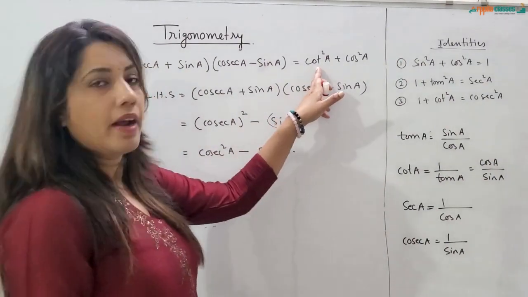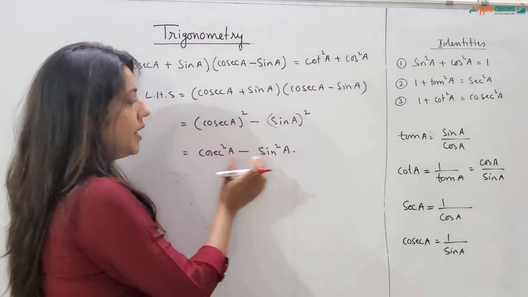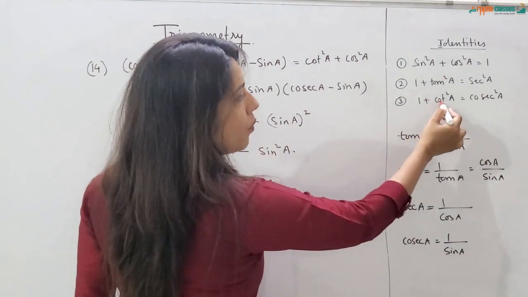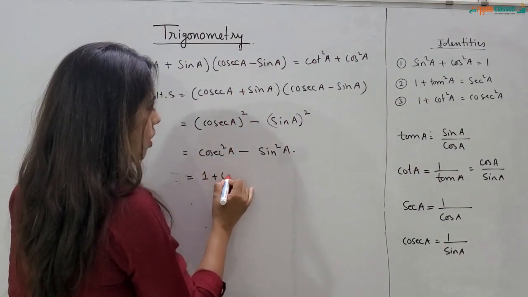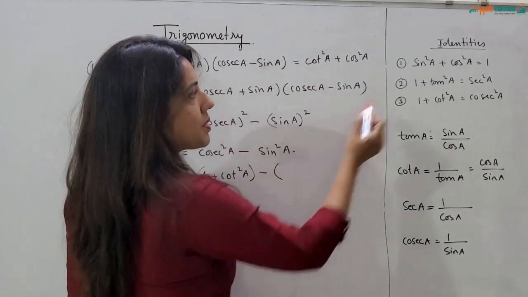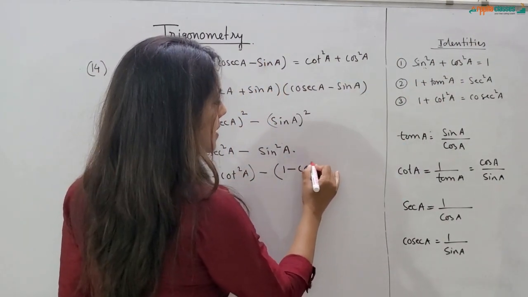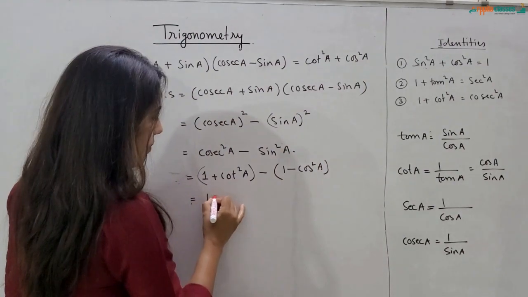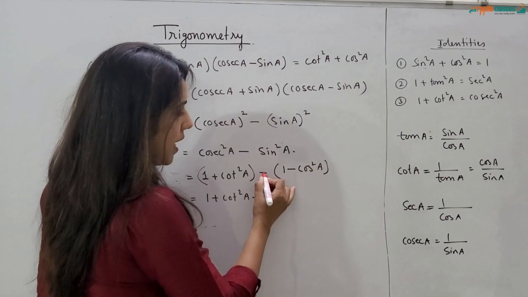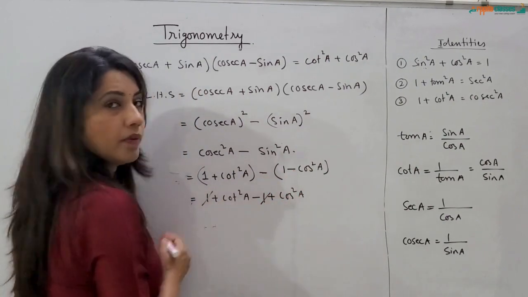Now if you see in the right hand side we have cot and cos. That means cosec can be converted into cot, sin can be converted into cos. So in place of cosec square A, I will be writing 1 plus cot square A, the third identity, 1 plus cot square A, bracket minus, in place of sin square A, I am going to write 1 minus cos square A. So here I am going to write 1 minus cos square A. Now let us remove the bracket, it will be minus 1 and minus into minus is plus cos square A. Now plus 1 and minus 1 will get cancelled.